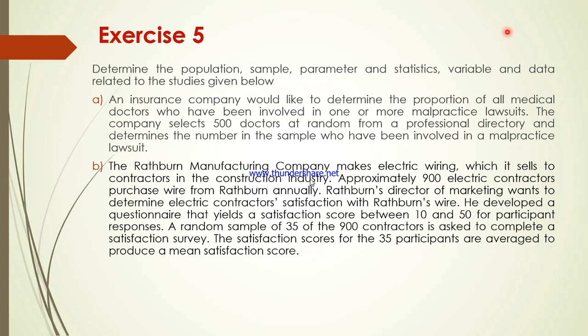Parameter or statistic, both are numerical measures. What are the numerical measures we looked at? It may be mean or variance or standard deviation or proportion. Those kinds of numerical measures. Now, accordingly, identify what is the parameter for this study.